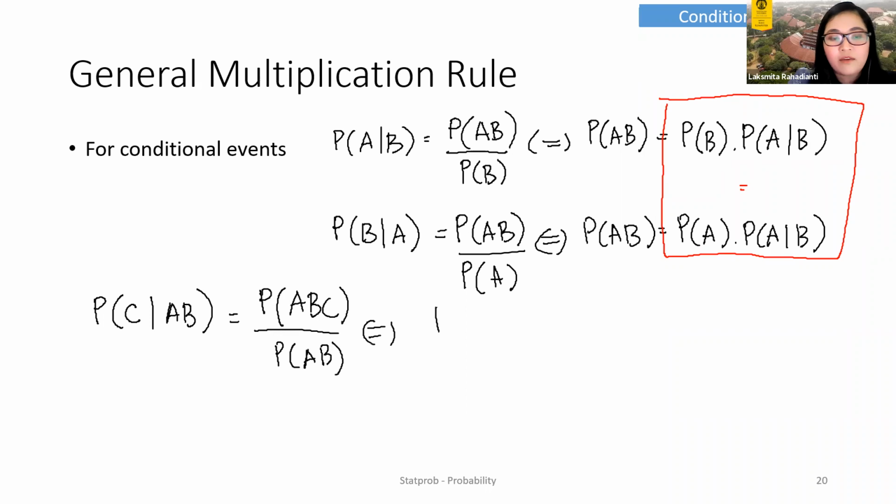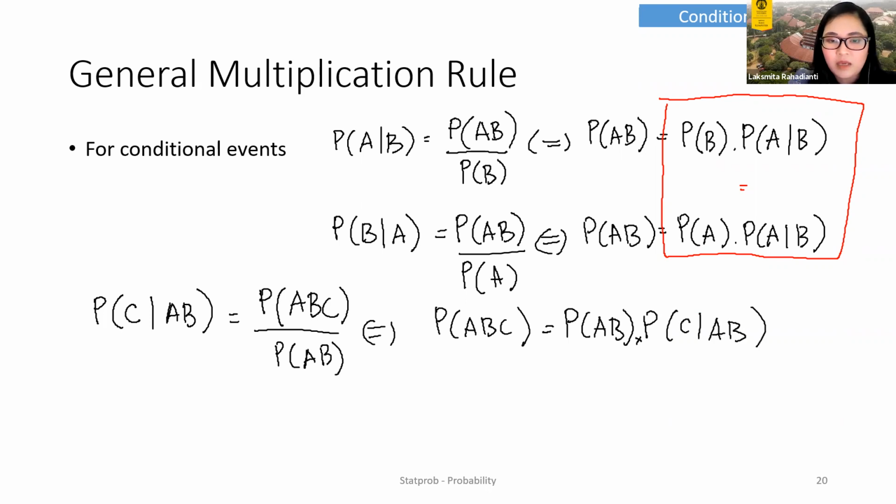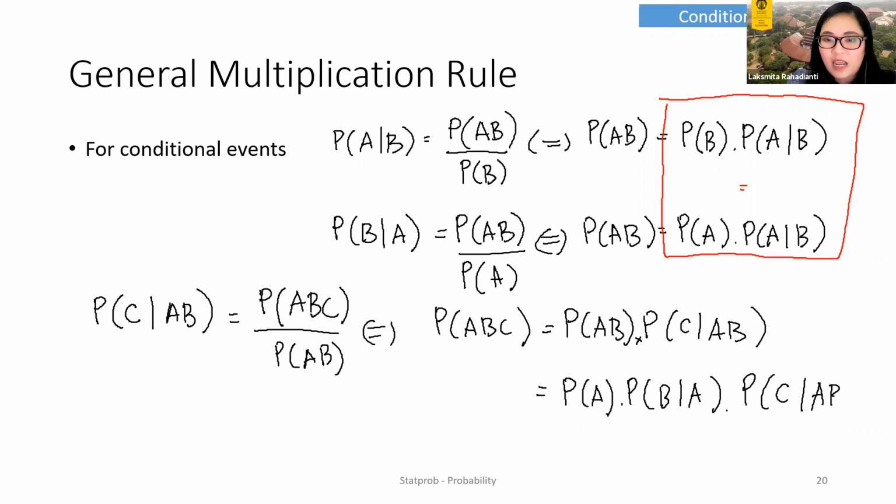Or if I write P(ABC), then I can write it as the multiplication of P(AB) times P(C given AB). Oh wait, didn't we already define P(AB) up here? We did. So I can also write this as P(A) times P(B given A) times P(C given AB).